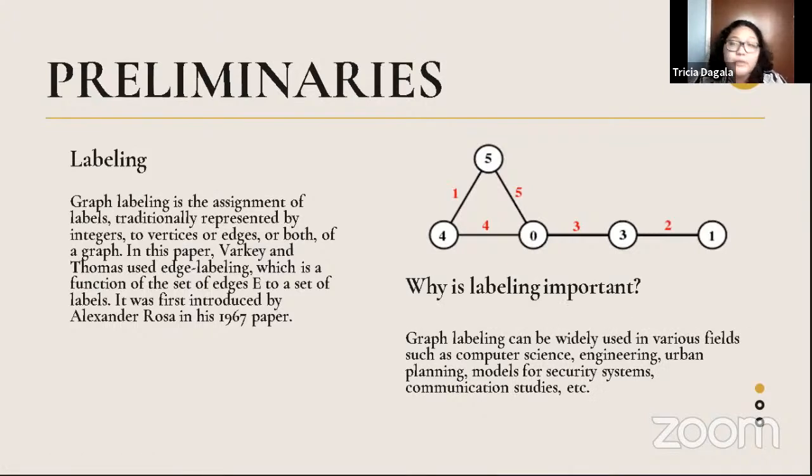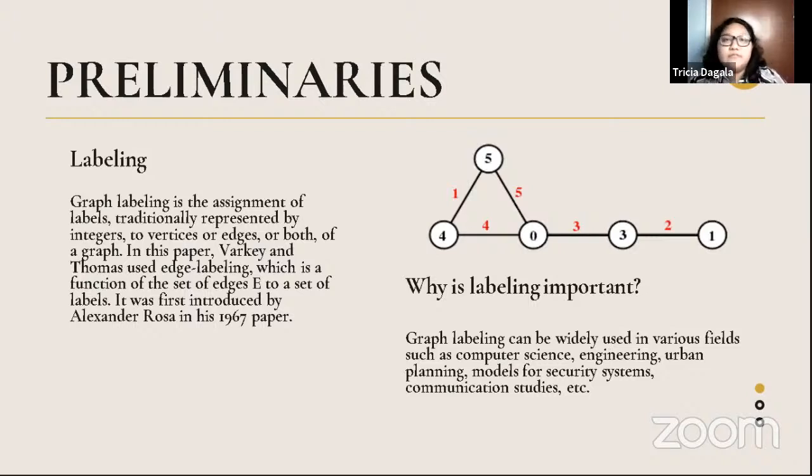Graph labeling can be widely used in various fields such as computer science, engineering, urban planning, models for security systems, and even communication studies. Hindi lang siya applicable sa mathematical sense. Meron din siyang quantitative elements na pwede mo siyang magamit sa social psychology or sa communication studies.